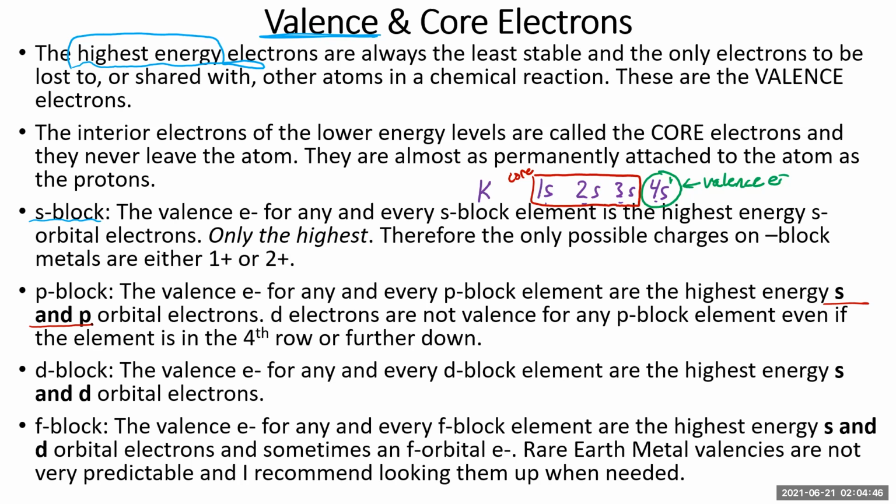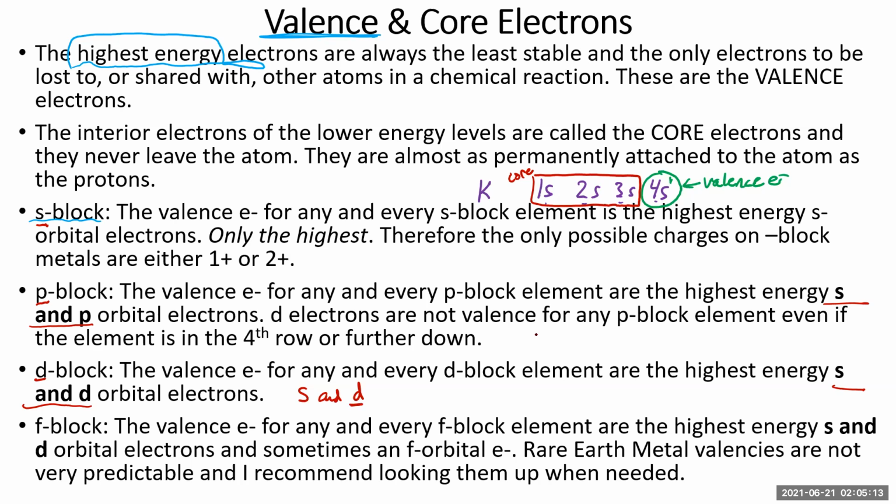D block only deals with s and d orbital electrons, only s and d. Notice that each block ends with the element in each block having valence electrons that involve the orbitals named after that block. So a D block element will involve both s and d.